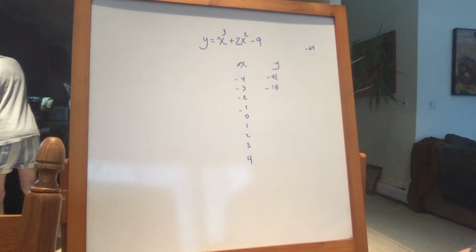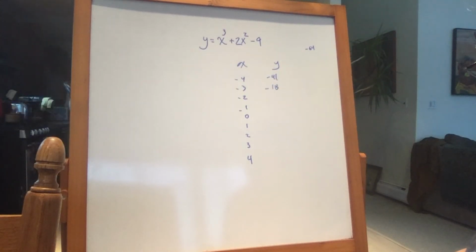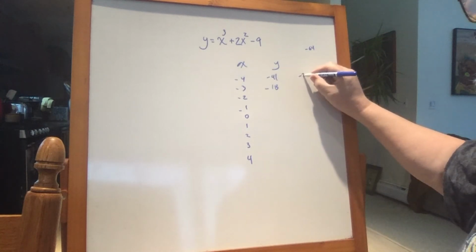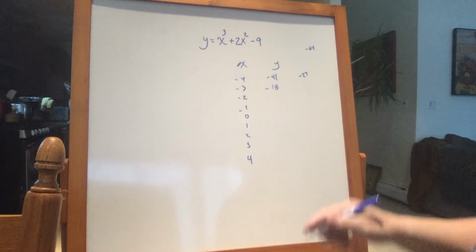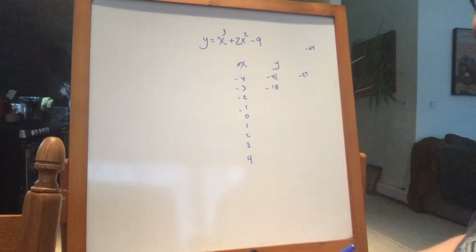Then minus 3. Okay, minus 27 plus 18 minus 9, so minus 18. Let's see.